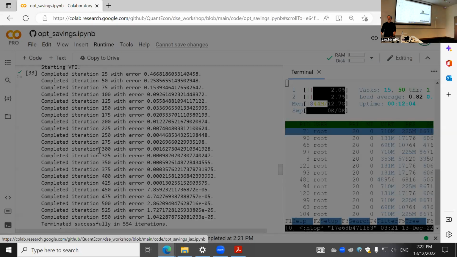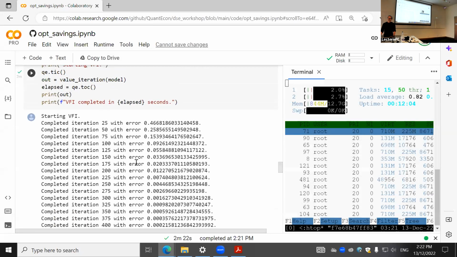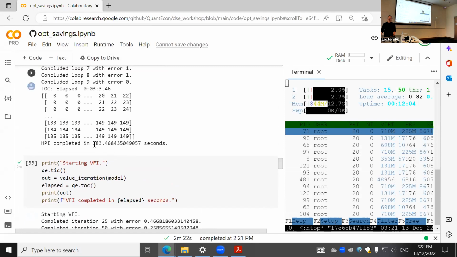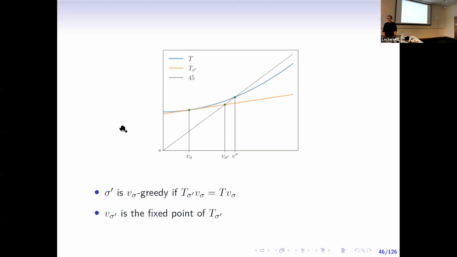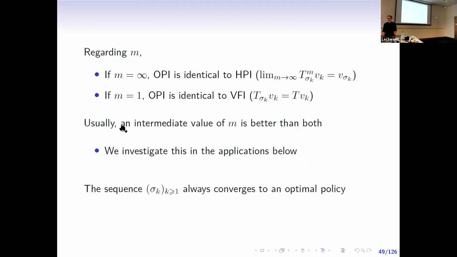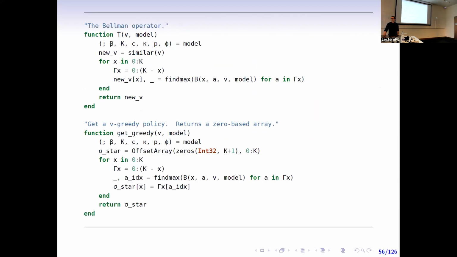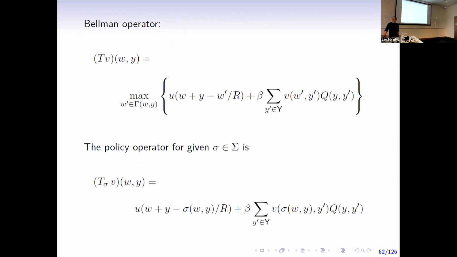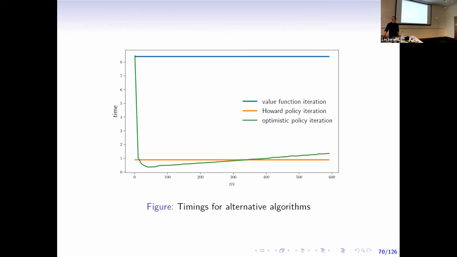The other algorithms, the Howard policy iteration, take a little bit longer in this setting, and then optimistic policy iteration. I showed a picture of the times. For the optimal savings problem it looks something like this. Here is time taken.